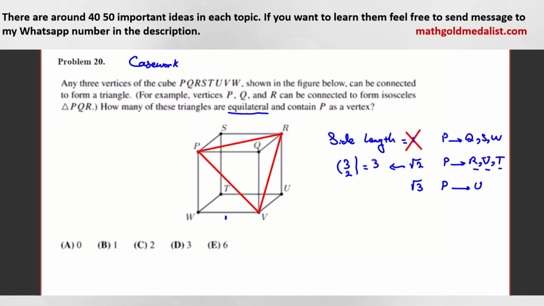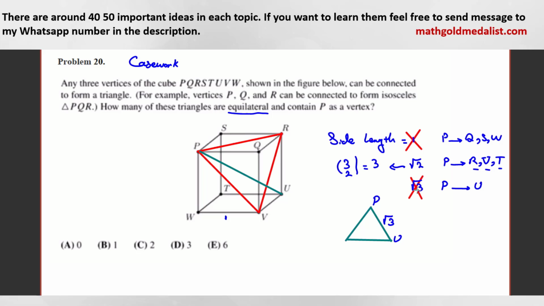Which is 3. Now, if we want to consider side length root 3, P can only be connected to U. Okay? And if you connect P to U, we should have 3 lengths, P to U and something else. But we don't have any other vertex that the distance to P is root 3. So again, in this case, we don't have any good choice.